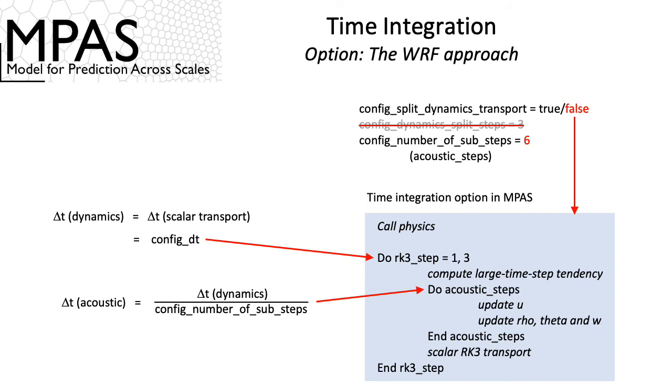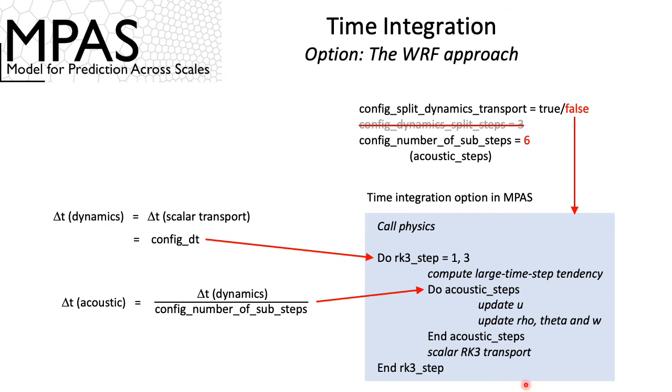Now, many of you are probably familiar with the WRF model. The WRF model, while also using a split-explicit time integration, does not perform a split dynamics transport step. It doesn't split the transport from the integration of the dry dynamics. However, you can configure MPAS to do the same integration that the WRF model does, by setting this config_split_dynamics_transport logical to false, and this is done here.